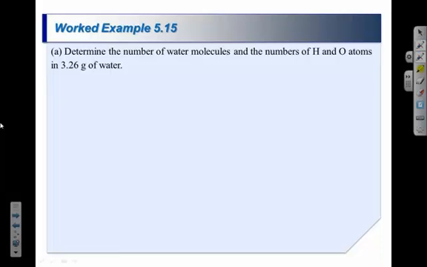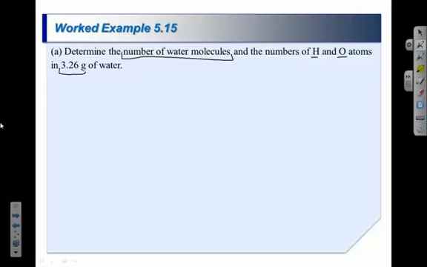All right, so here's another example where we can use some of these relationships. So here I want to know the number of individual molecules and the number of individual atoms in 3.26 grams of water.